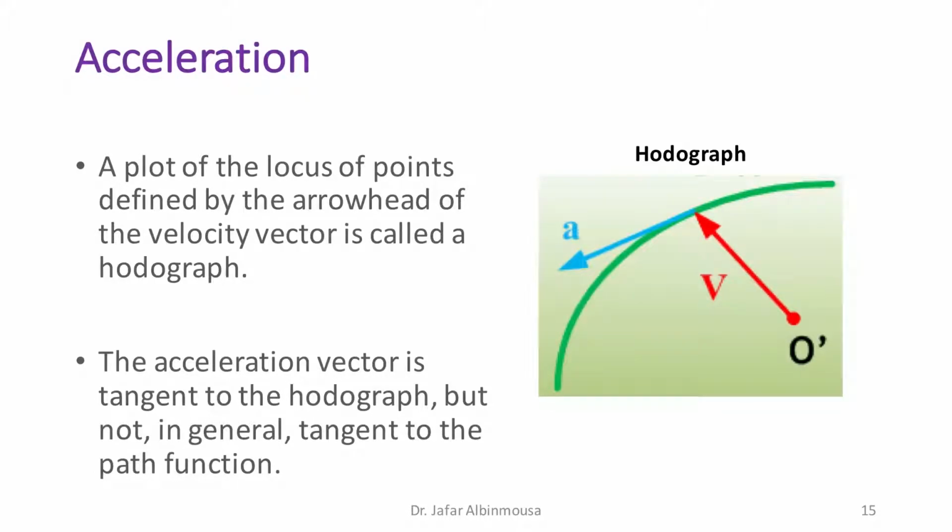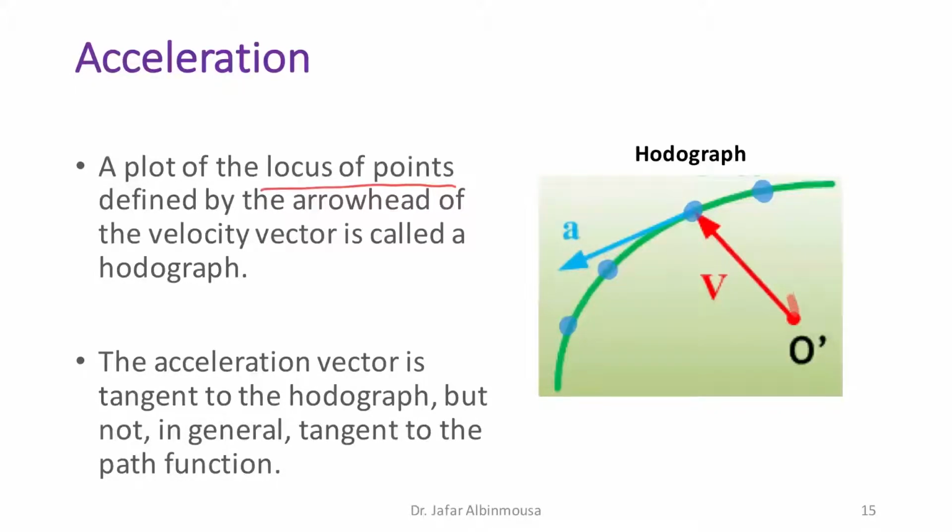A plot of the locus of points defined by the arrowheads of the velocity vector is called the hodograph. So let me repeat that again. If we assume that there is a particle, it is at this position, but before it was at this position, and in the future it will go to here and there.